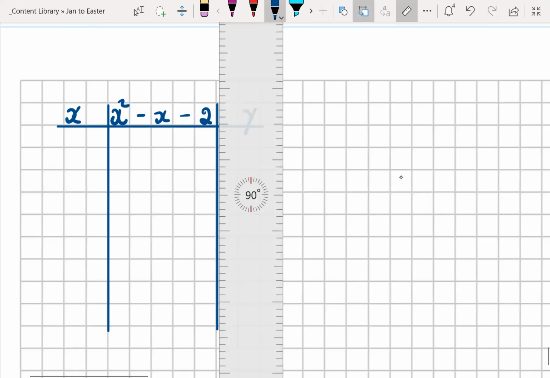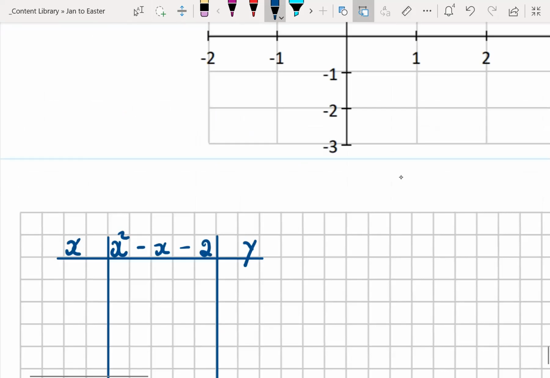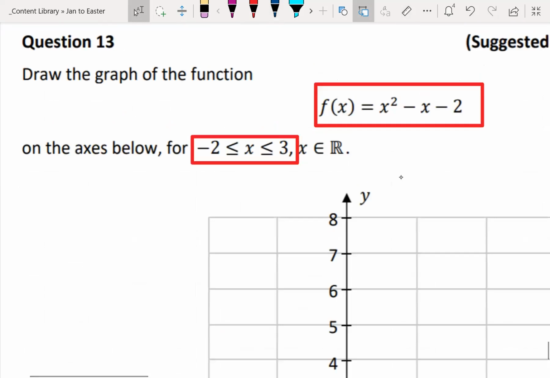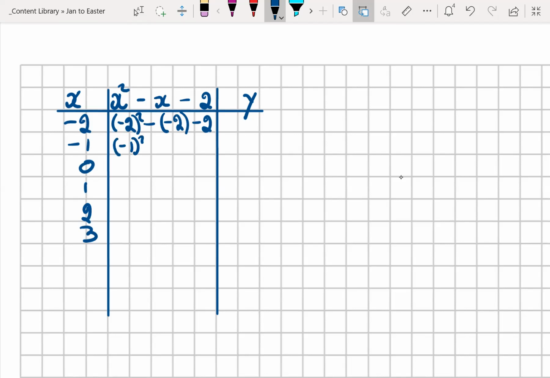So the domain again, the input values, is between -2 and 3. So we're going to have -2, -1, 0, 1, 2, 3. And you input these: -2 squared. Wherever x is, I'm just replacing it now with the input value, -2 in the first case, -1 after that.